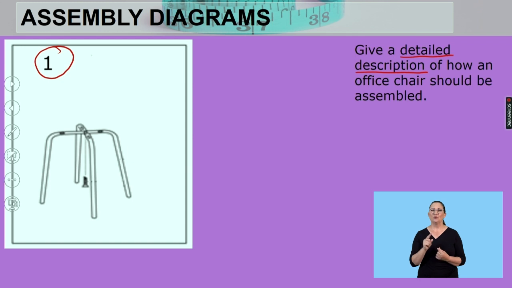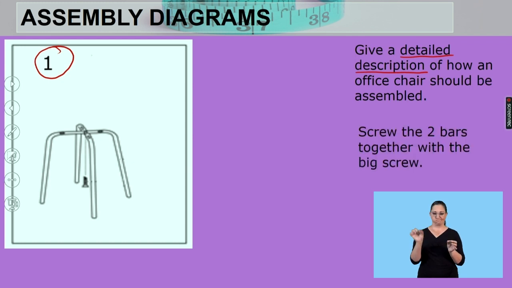What do we need to do? We need to screw the 2 bars together with that big screw, the initial one. There it is, there at the bottom. Do you see what we're doing there? We're taking that screw, we're taking the 2 larger bars, this one and that one, placing them across and using the big screw to tighten that in. There we go. That's step 1.